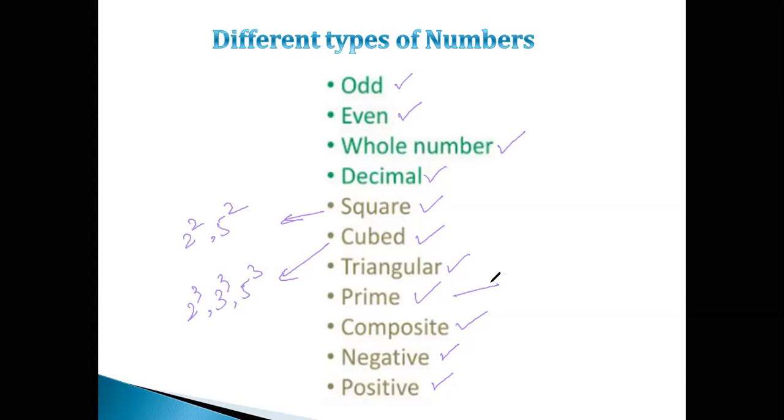So what are the prime numbers? You want me to explain the prime numbers? Let me do that. The prime numbers are the numbers which are divisible by 1 and itself.